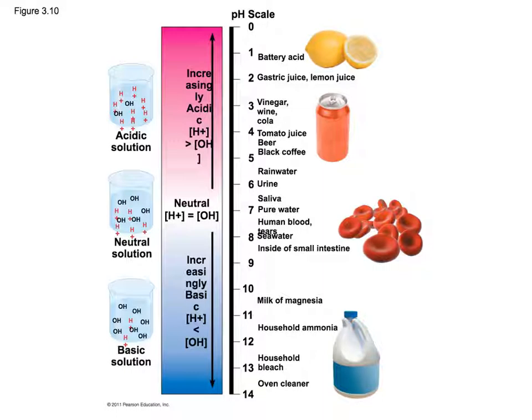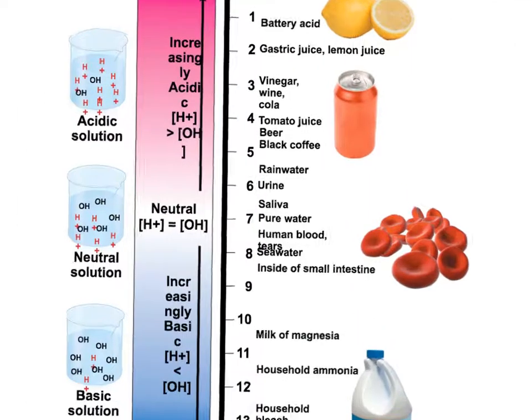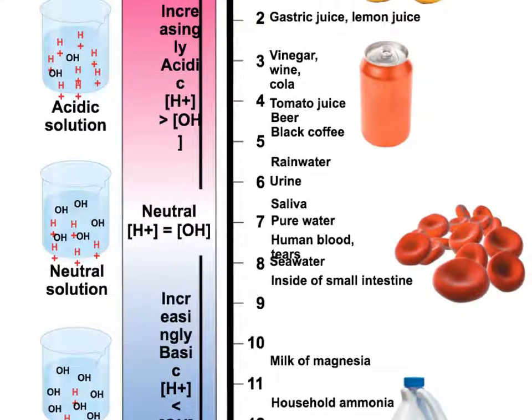So here's some lovely stuff. Battery acid, lemon juice. It's about pH 1, pH 1 to 2. Pure hydrochloric acid is pH 0. Vinegar, soda, tomato juice, black coffee, rainwater. You'll note right here, pure water is 7.